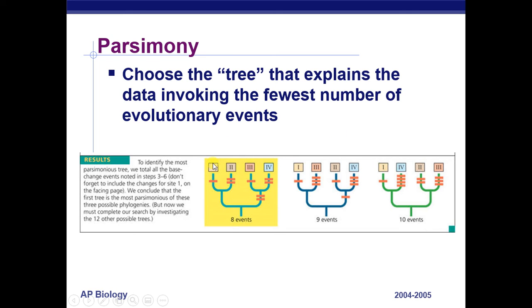So as an example here, we have these different options. This first tree would be the most parsimonious. The fewest evolutionary changes overall needed to happen compared to the last one for us to get our perceived distribution of data.